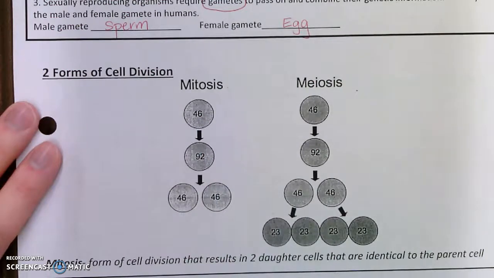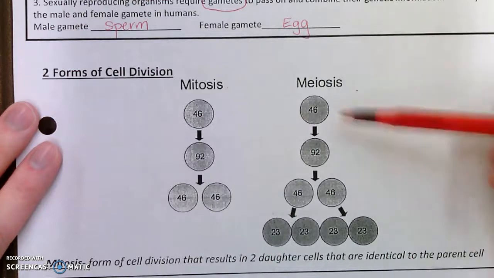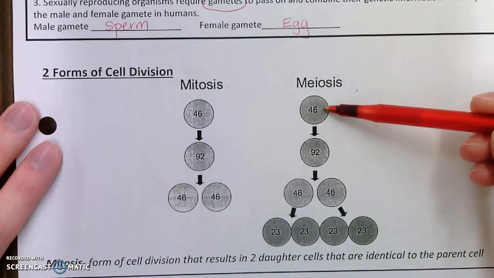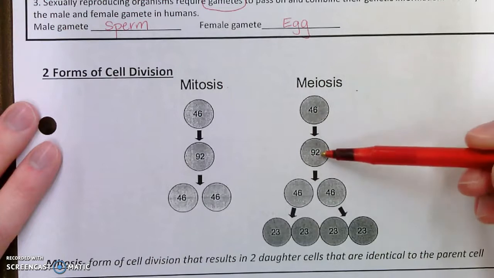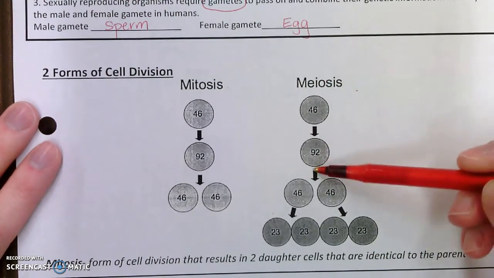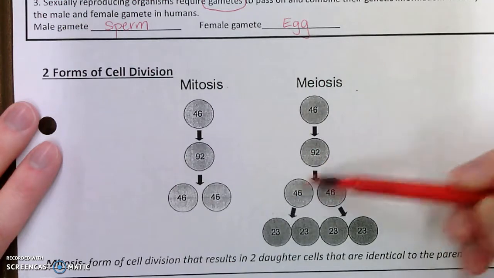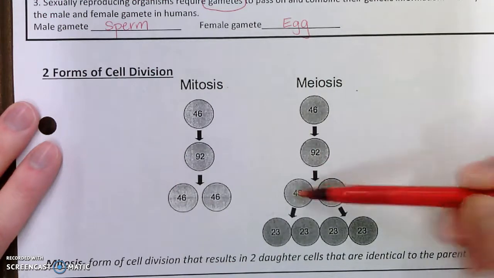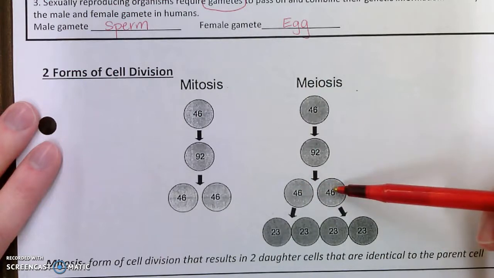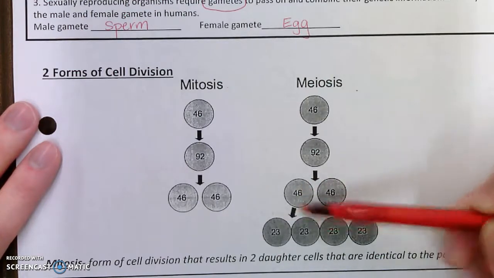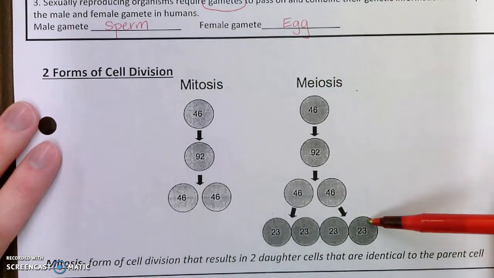In meiosis, it is very similar, but there's just a little bit more steps. So again, in humans, we start with 46 chromosomes. In interphase, those chromosomes replicate. Okay. The rest of mitosis, in this case, the rest of meiosis, this cell splits into 2. And then that extra step is that this cell actually splits into 2, and this cell splits into 2.